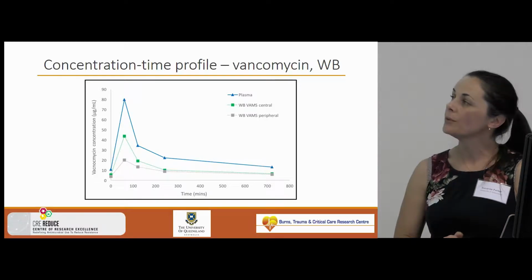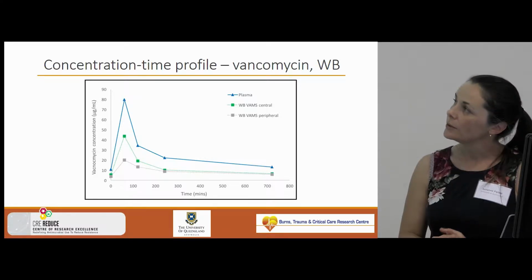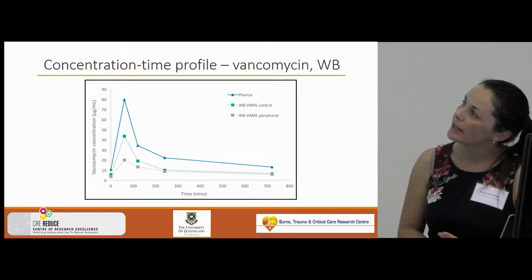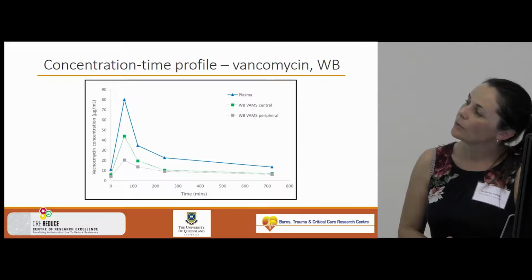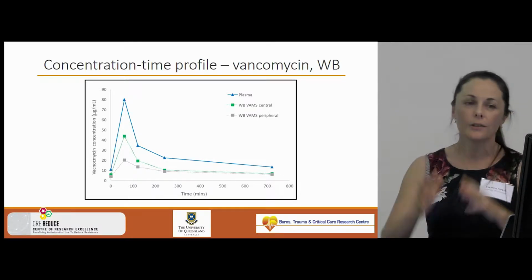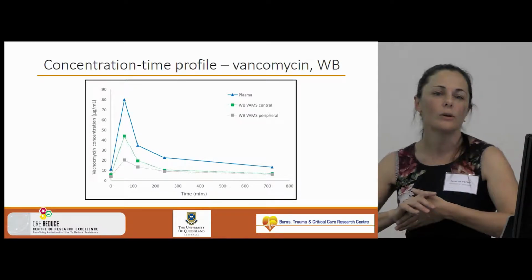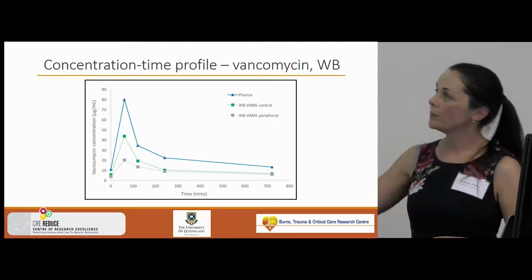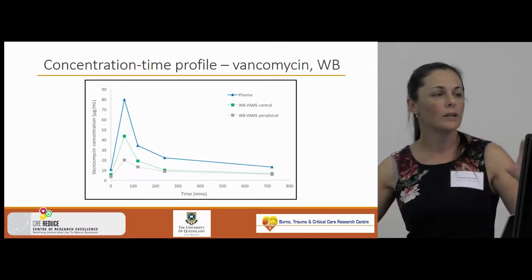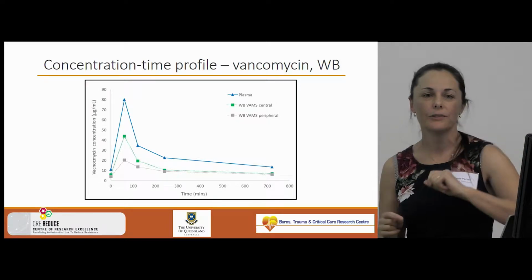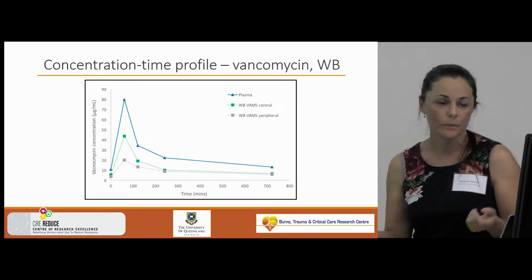So when we look back to our patient and we assay their samples, what we find is that our whole blood VAMS from our arterial sampling is in green, and our whole blood VAMS from our peripheral sample is in grey. And you can see they're significantly lower than our plasma sample. But what we're comparing here is plasma to whole blood, and you'll recall our red blood cells are serving to dilute our sample.